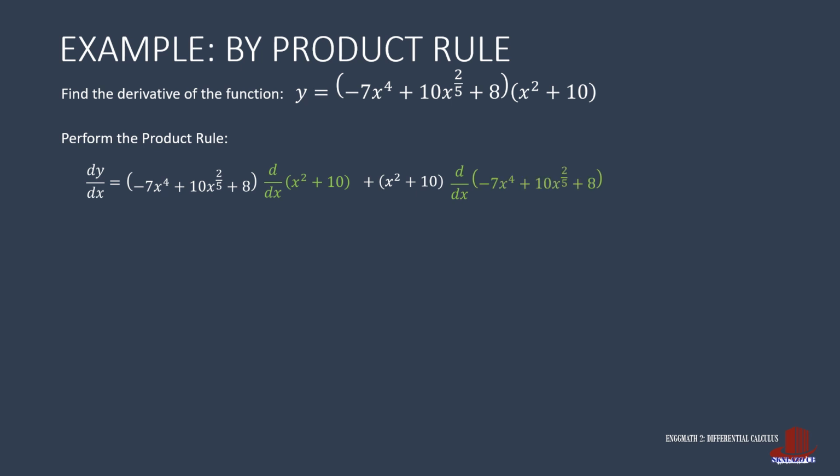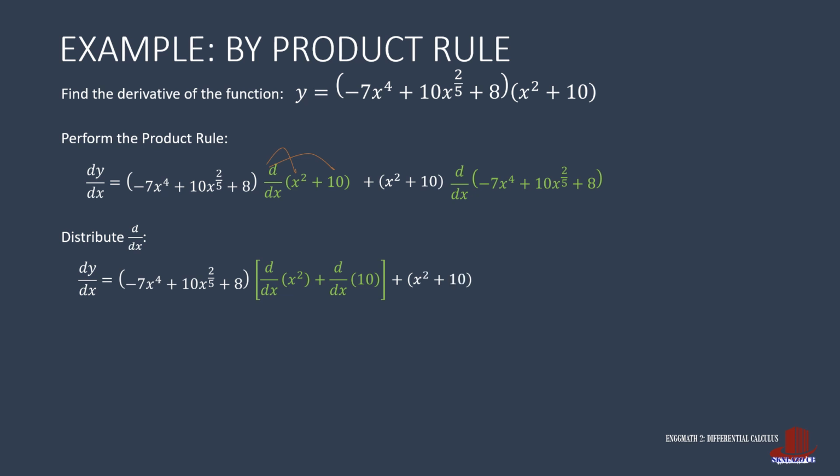Now that we identified which terms should be differentiated, distribute d over dx to each of those terms. dy over dx is the first term multiplied by the derivative of x squared plus the derivative of 10.